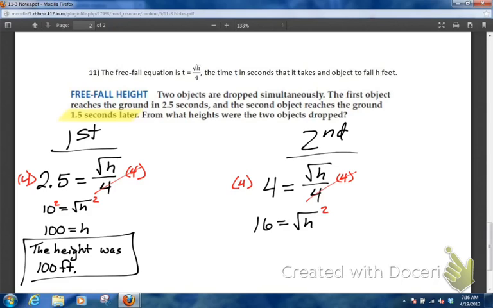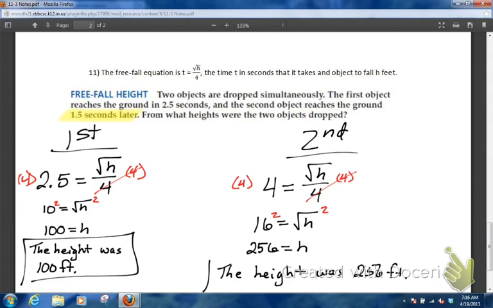I'm going to then square both sides, which gives me 256 equals h. So again, the height was 256 feet for the second object.